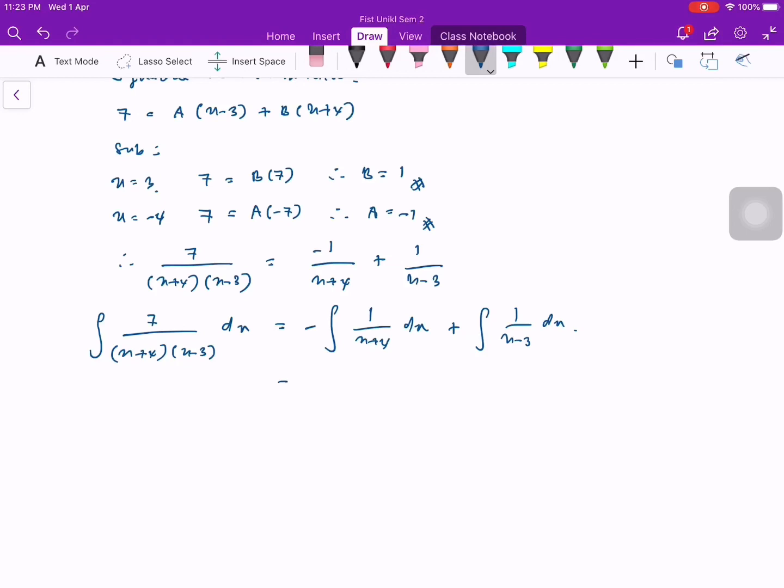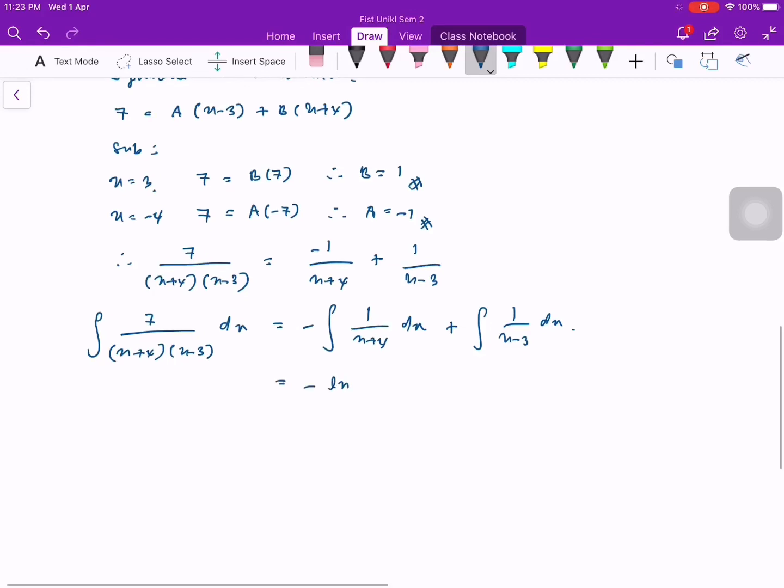So I continue. By integration, I will get negative ln absolute x plus 4 plus ln absolute x minus 3 plus arbitrary constant c. Then simplify. This is log, so we can simplify further using the rules of log.